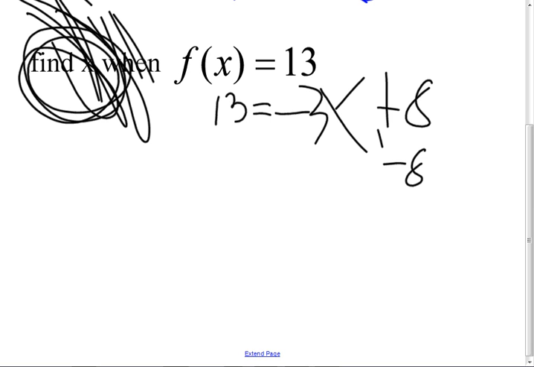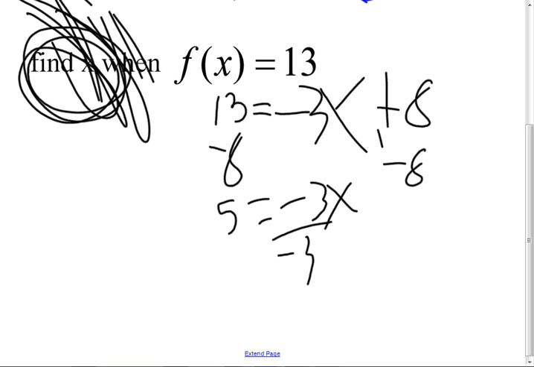Max, do you have it all done? Well, why not we just leave it as a fraction? What's wrong with the fraction? Okay.